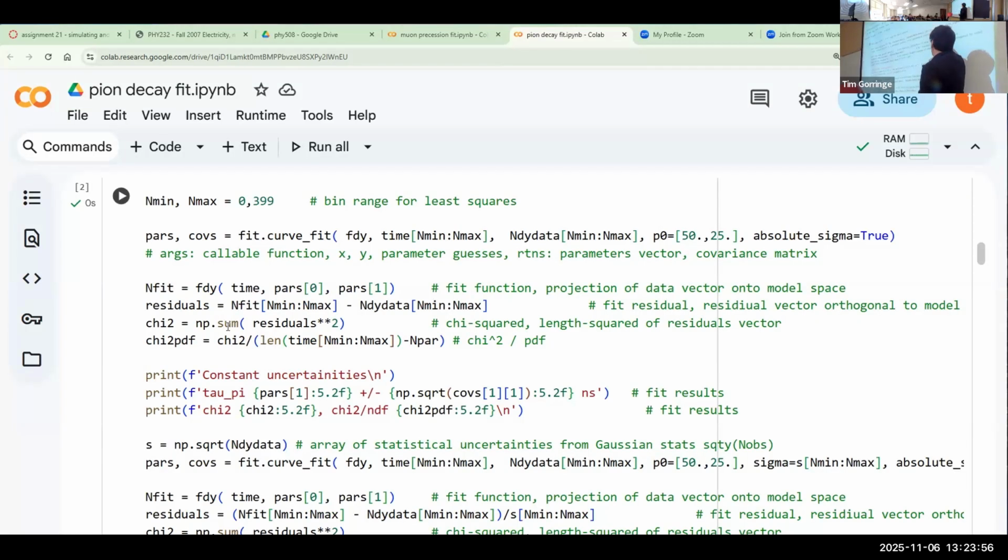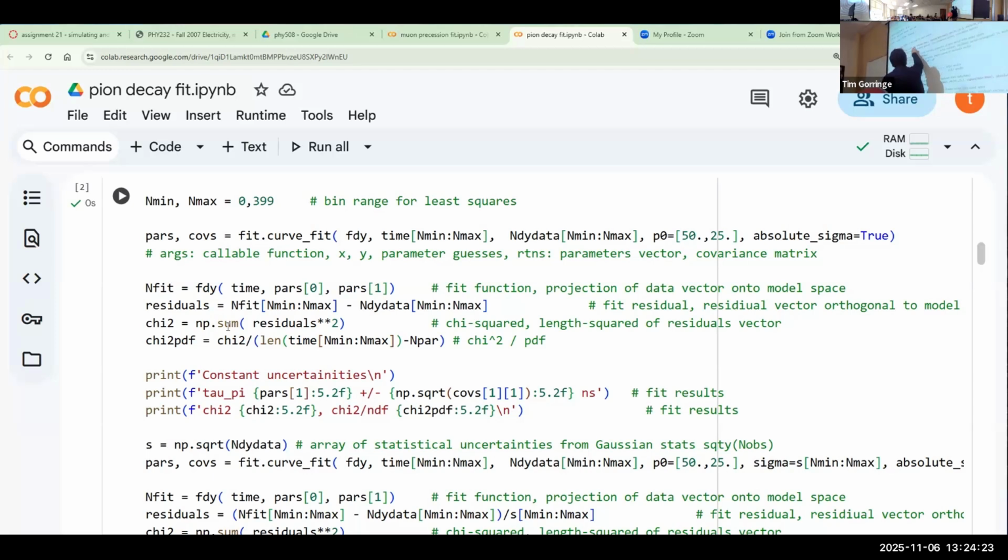Or you could construct it beforehand and then just pass a variable that is the list. And this just tells me I'm using absolute rather than fractional uncertainties. This is where I put in the slicing. If later on I wanted to change the range of the fit, the start time and the end time of the fit, I could use my nmin and nmax.